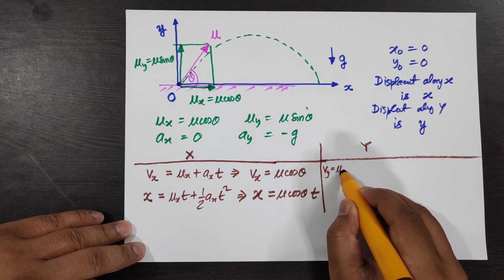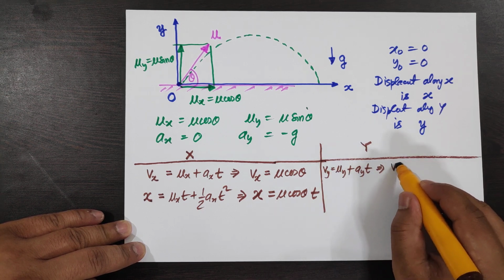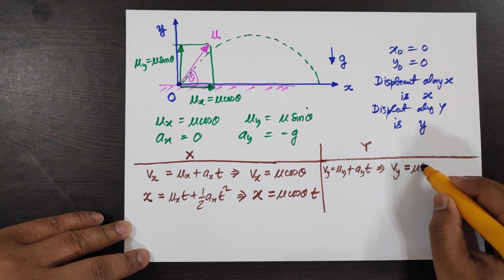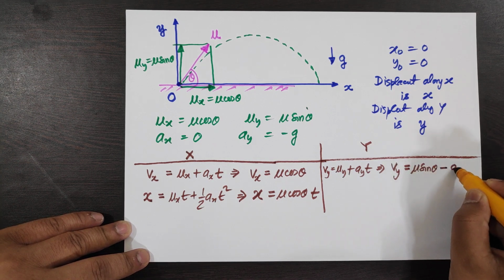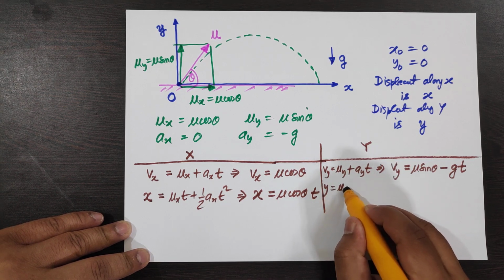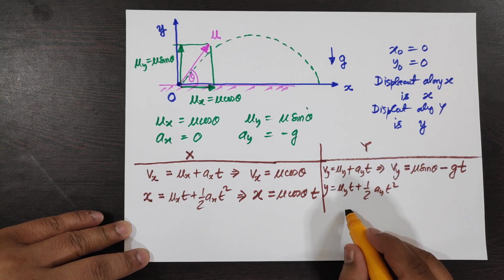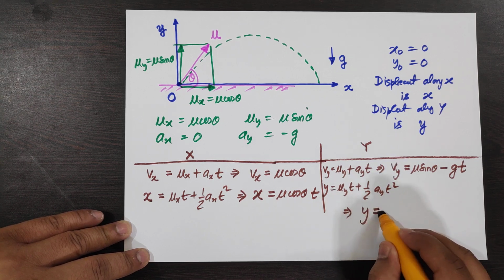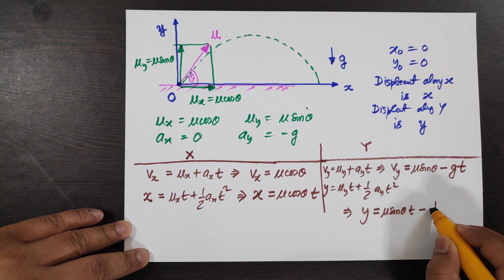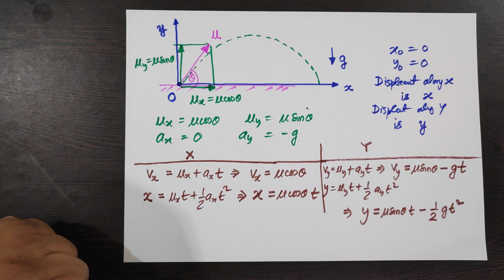The equations for the y axis are similar. Vy equal to uy plus ayt, which implies Vy equal to u sin theta minus gt, and also y equal to uyt plus half ayt square, which implies y equal to u sin theta t minus half gt square. If you put the values, you will get this.